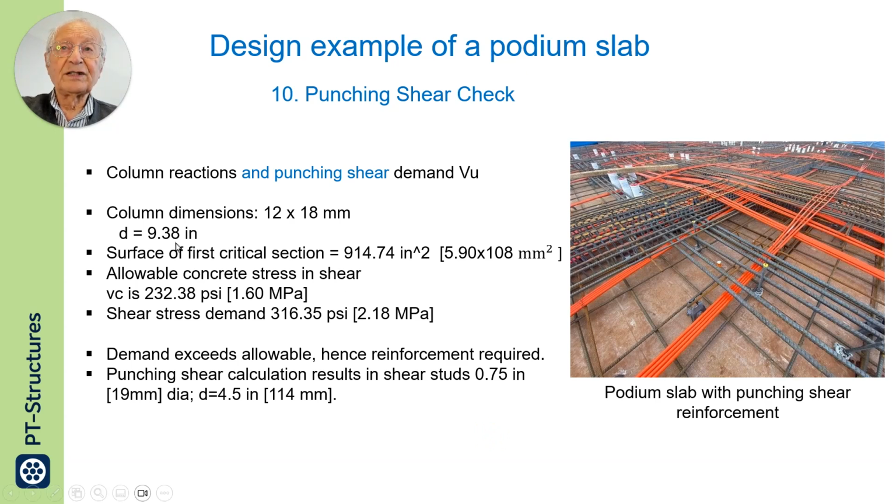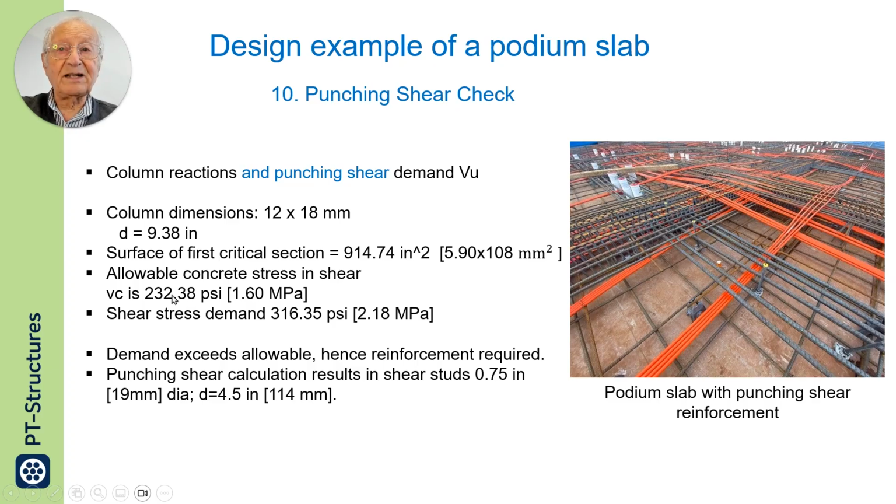For punching shear, this is the column dimension, this is the depth of the section, and the surface of the first critical section is this much area. Punching shear capacity of concrete selected is this much.